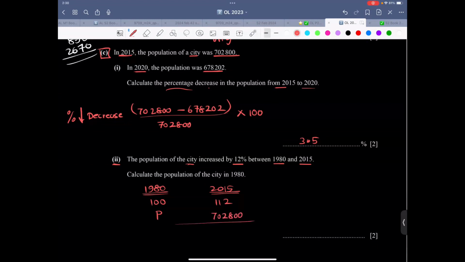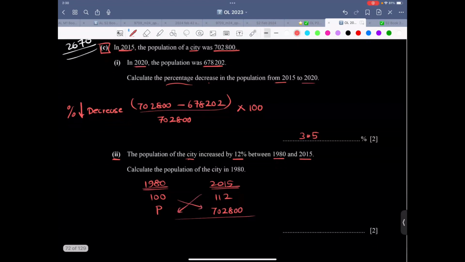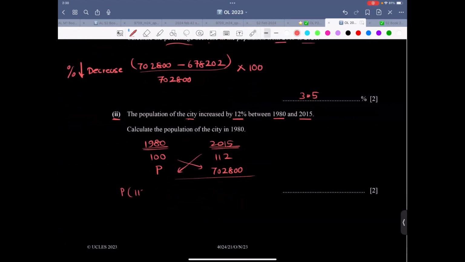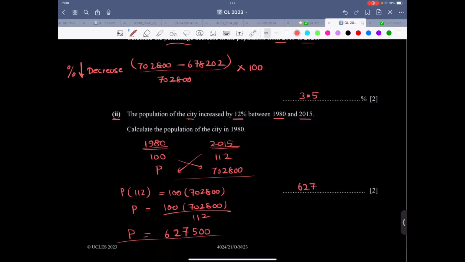That's written above. Again, cross multiply. So P into 112 is 100 into 702,800. Make P the subject. That is 100 into 702,800 divided by 112. And then you get the answer. This answer comes out to be exactly 627,500.